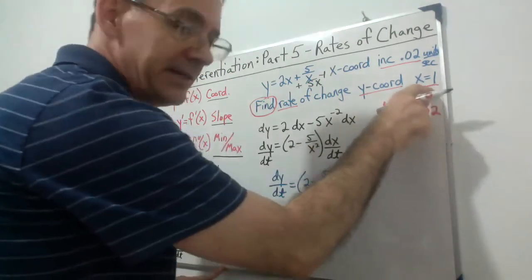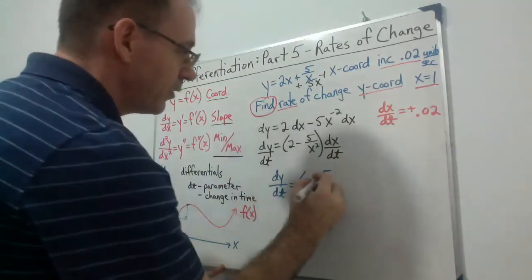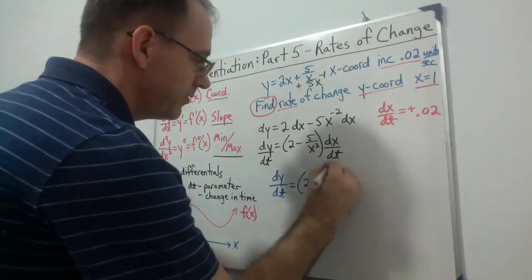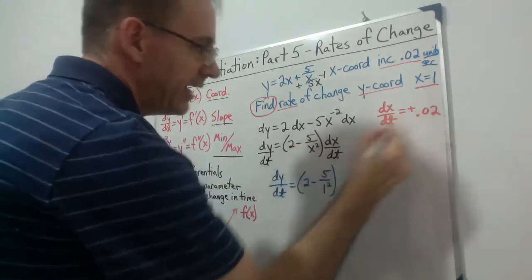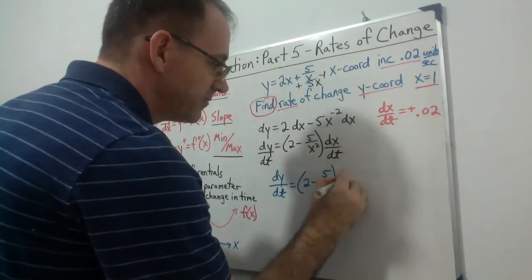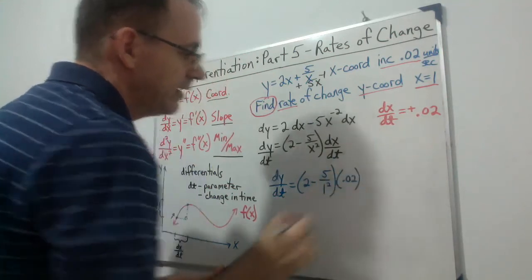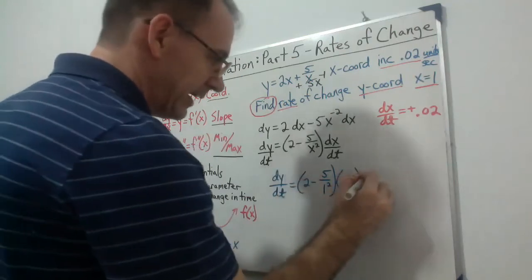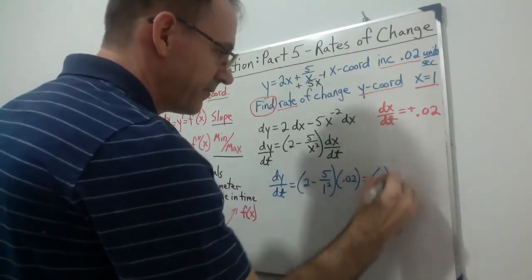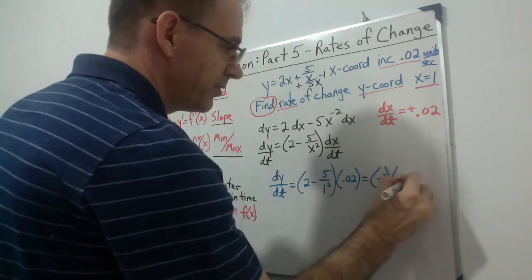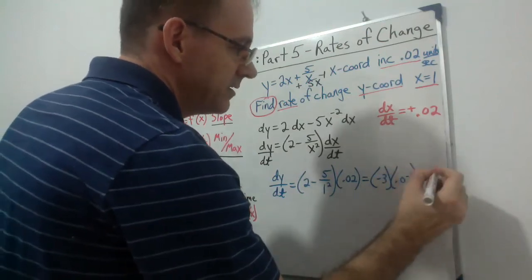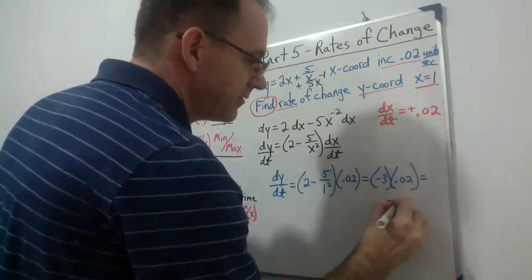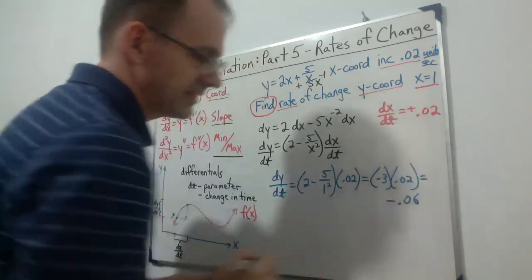So we want to find it at one particular point where x is 1, so 1 squared, times dx dt, which is a positive 0.02. So here we end up with 2 minus 5. That's a negative 3 times 0.02 gives us a negative 0.06.